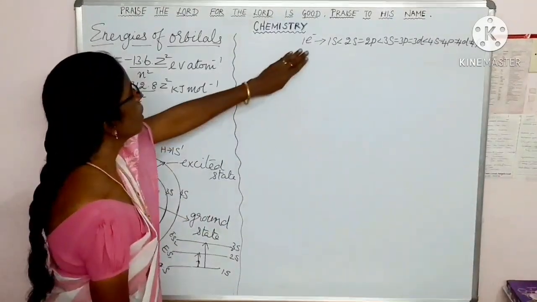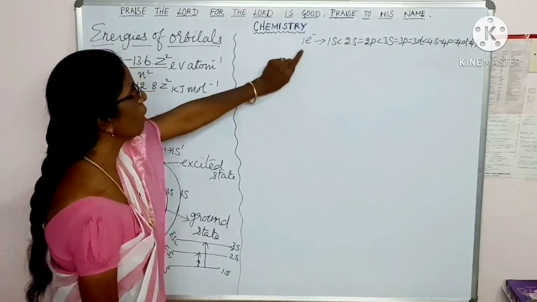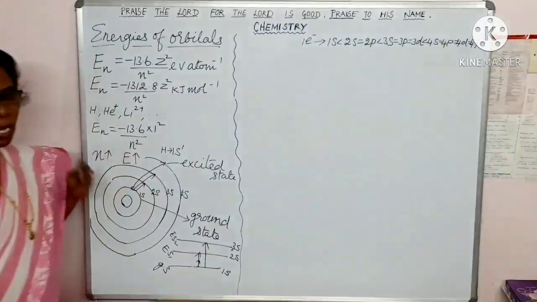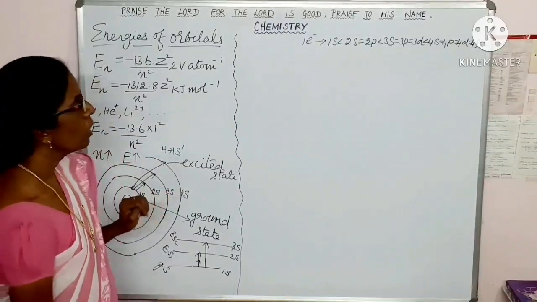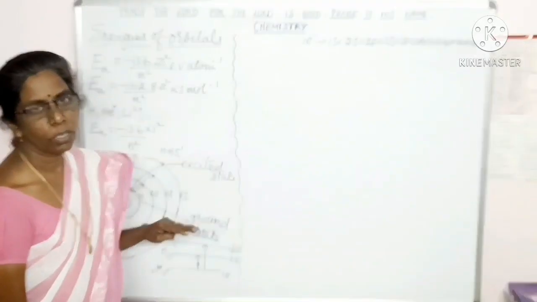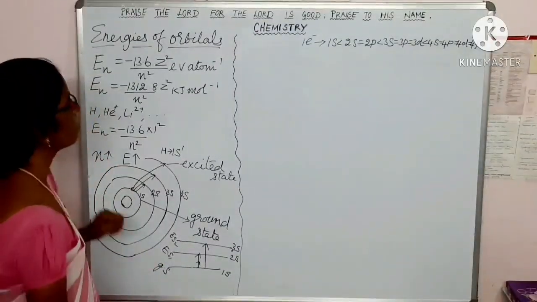So we know the increasing order of energy levels for the various orbitals in the case of a one-electron system. Now for a multi-electron system, this is not true. And by using Schrodinger's wave equation also, it is very difficult to calculate because it is complex.